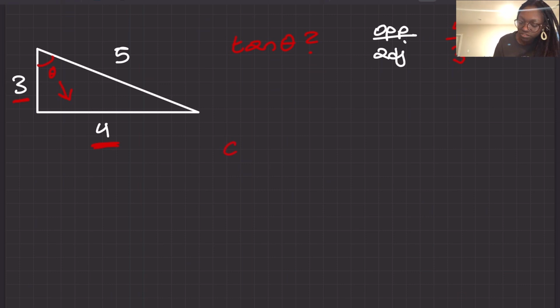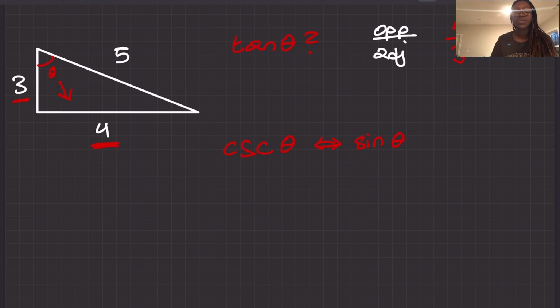Let's challenge ourselves and find the cosecant of theta. Now remember, the cosecant is opposite to what trig identity? That's right, it is opposite to sine.